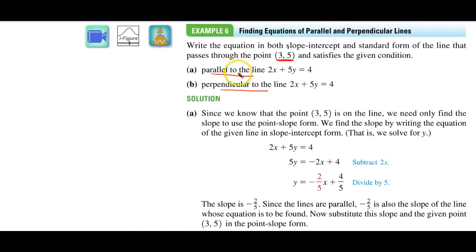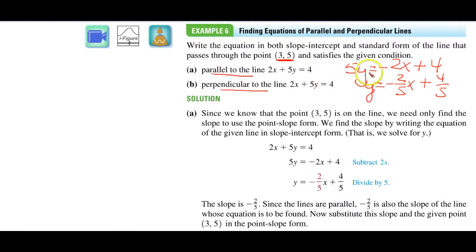Well, the first thing you have to do is find the slope of this line. So we're going to solve for y. 5y equals -2x. Just transpose that, and then plus 4. So we're going to divide everything by 5 now, and we get y equals -2/5 x plus 4/5.